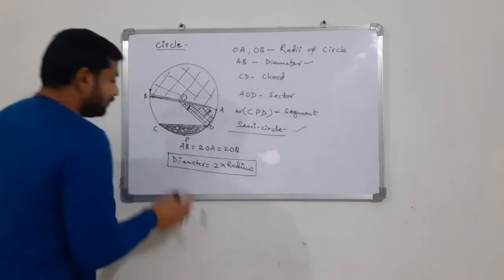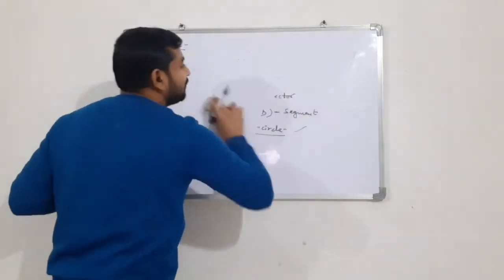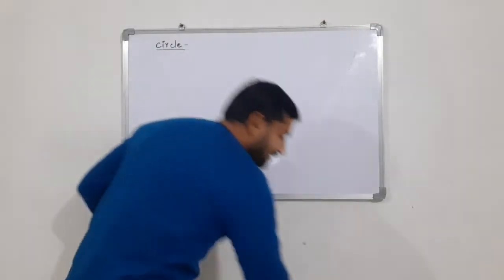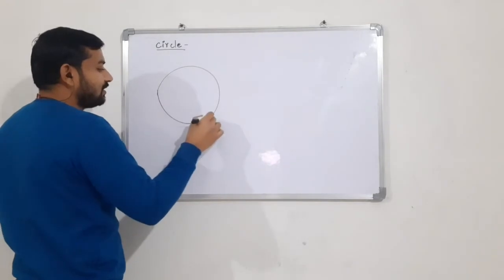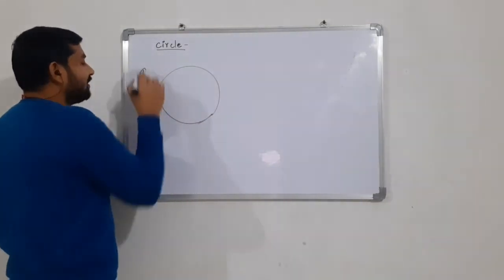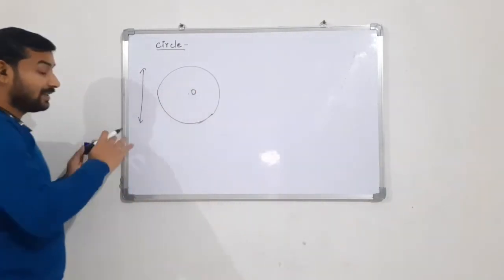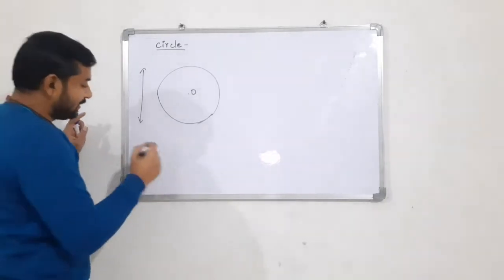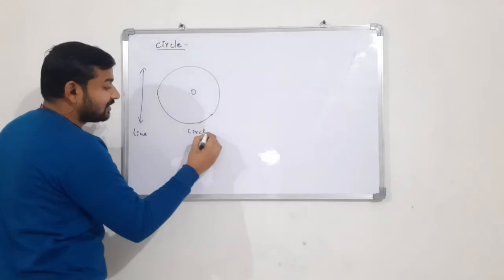Now let us come to the system of a circle and a line. Means if we have a line and a circle, then what will happen? There are some special names for them. Suppose we have a separate line and a circle, center somewhere at O. This is simply called a line and this is a circle.